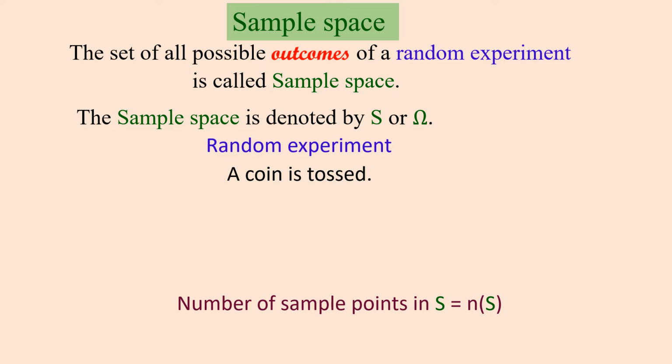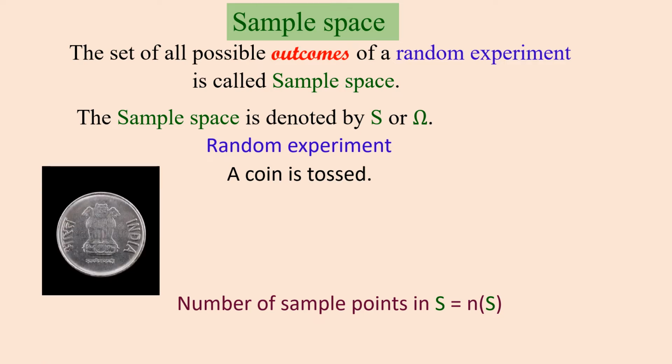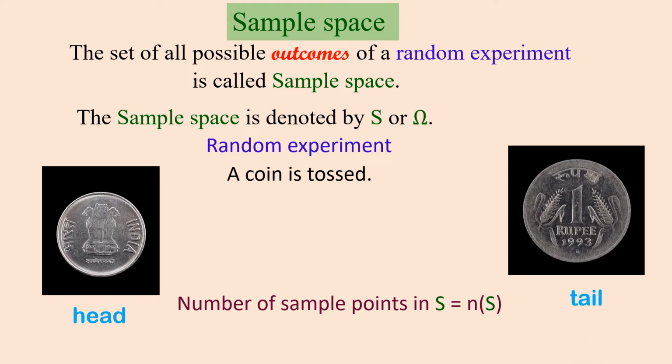So a coin is tossed. So the possibility of head or tail is there. In a random experiment, either you can get head or tail. You will do many experiments, but the predicted outcome will only be head or tail. You will not get any other things.